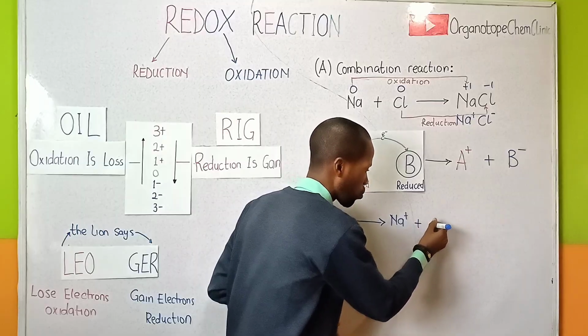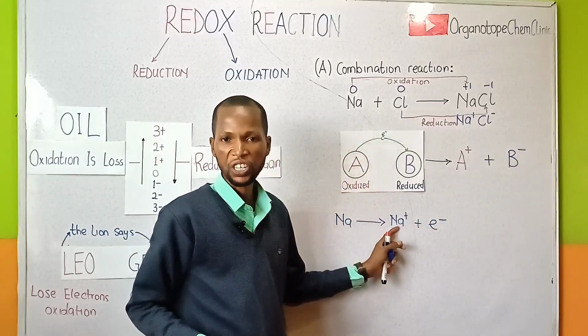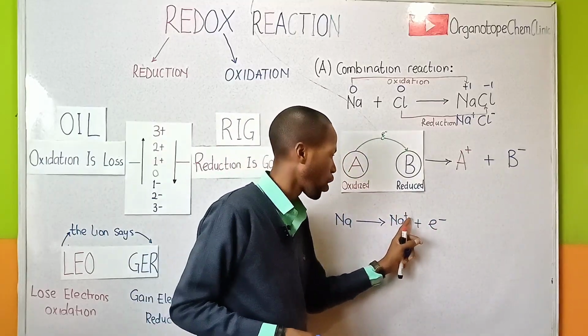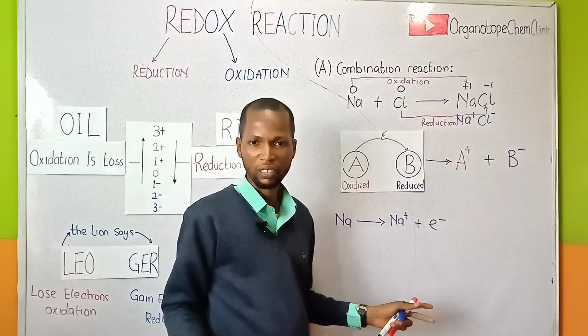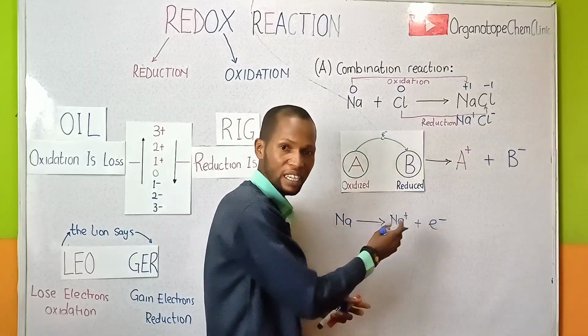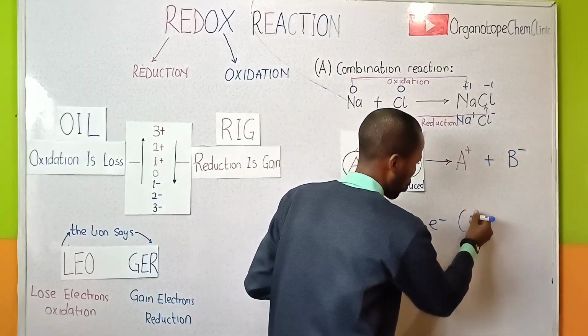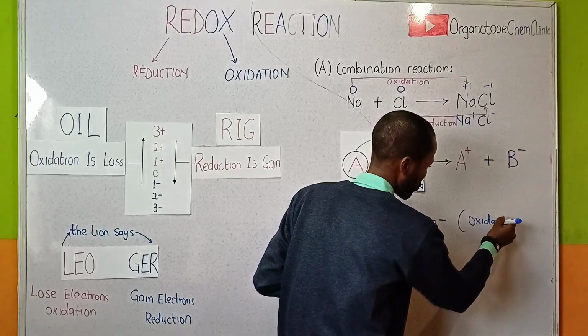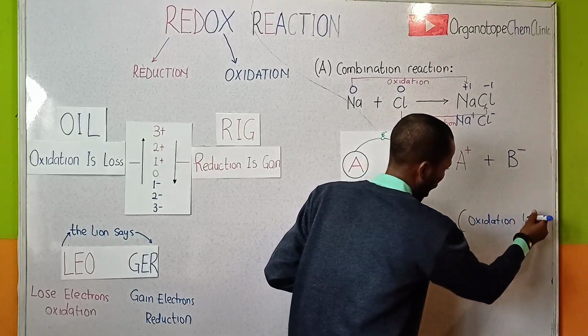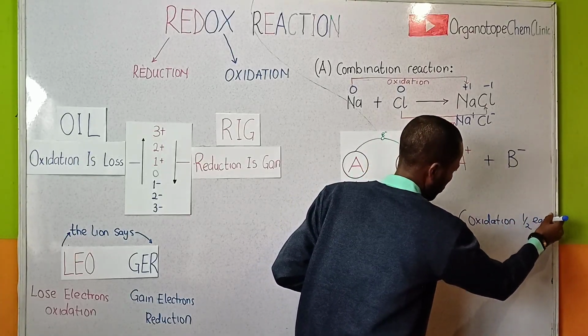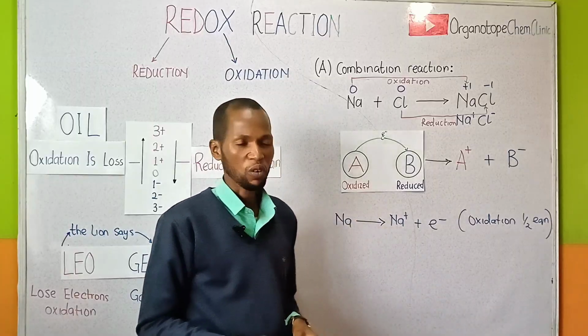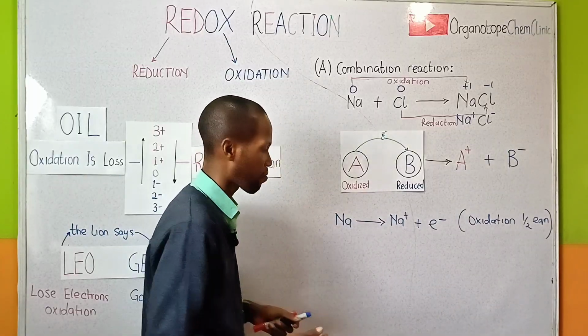So I'm going to add 1 electron to the sodium ion here. So +1 - 1 equals 0. So we've been able to balance the charge. This is oxidation half equation.